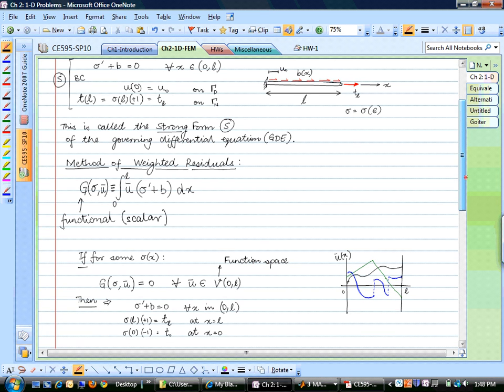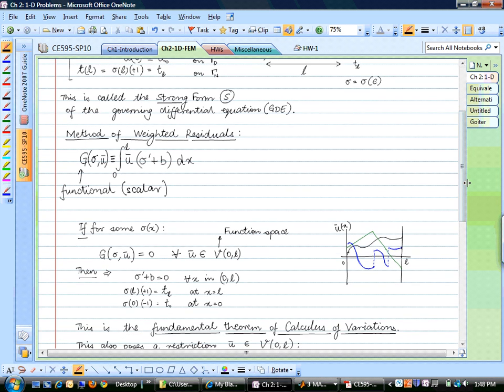In addition to this, we also have a couple of boundary conditions. What we are going to do is take this quantity, and since this quantity is equal to 0, if I change the sign from plus to minus, it would still be 0, right? The reason I'm changing the sign is that this is just a convention. It doesn't affect your math or physics in this problem.